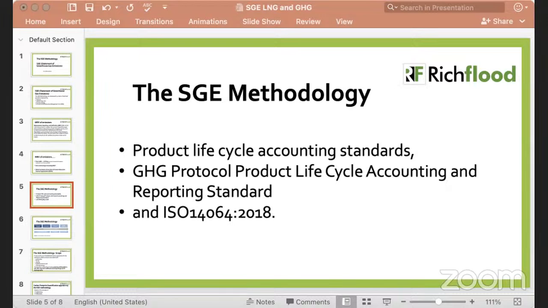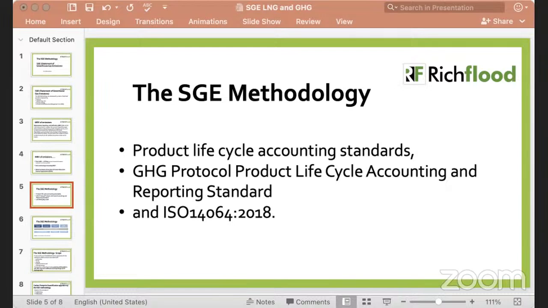It assumes the use of established industry approaches for the calculation of GHG emissions associated with combustion, flaring, venting, fugitive emissions, and imported energy.